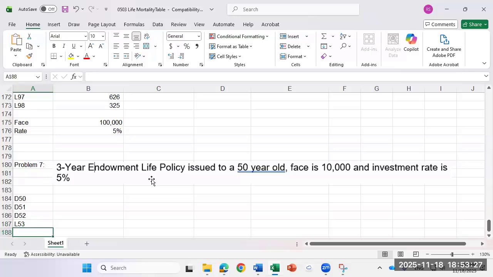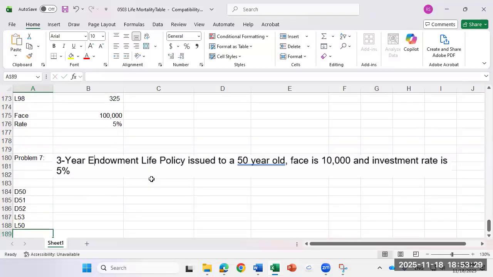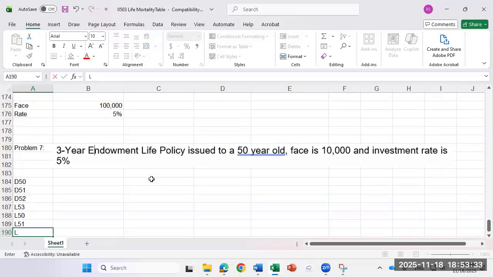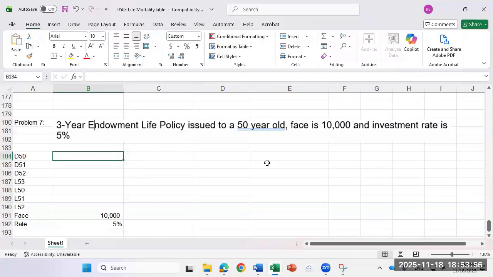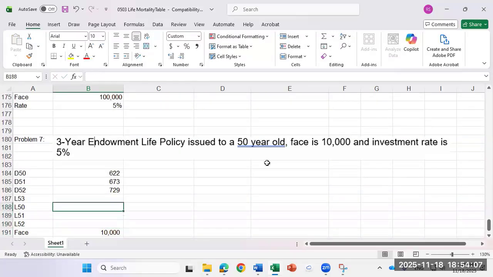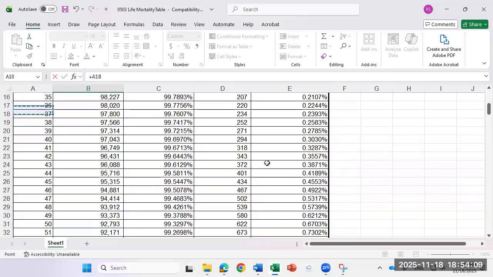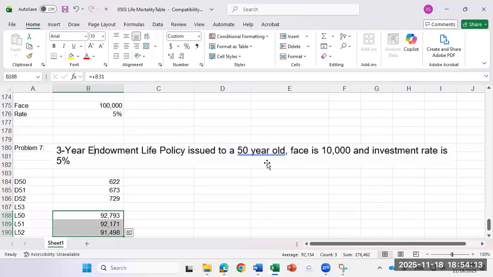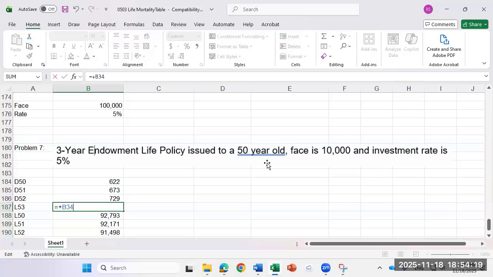We can collect premiums from the L50s, L51s, and the L52s. All right, so let me get my D50s. I get my L50, L51, 52, 51, 52, 53, L54.